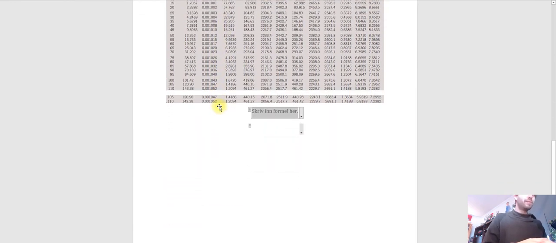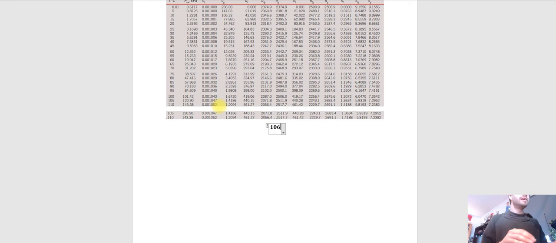My memory is so bad today that I can't even remember it. Okay, this is what we know. Minus 105. In that line, we are going to find the temperature minus the closest one we have, that's 105.